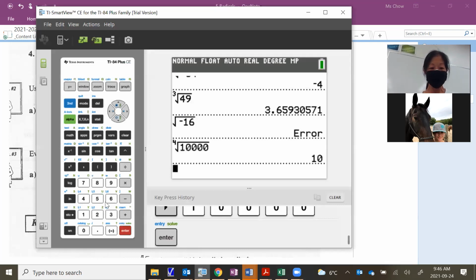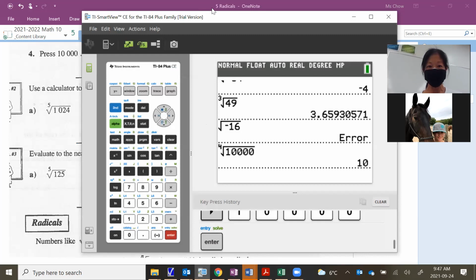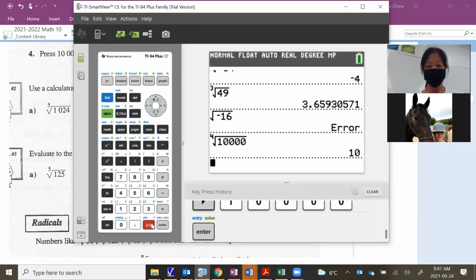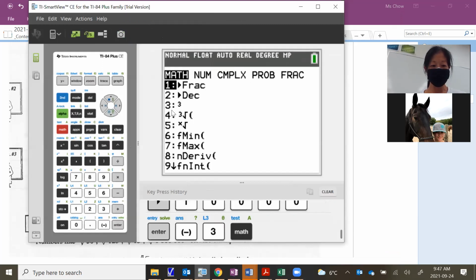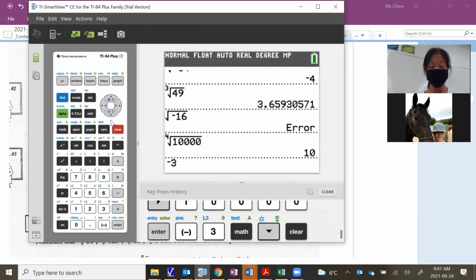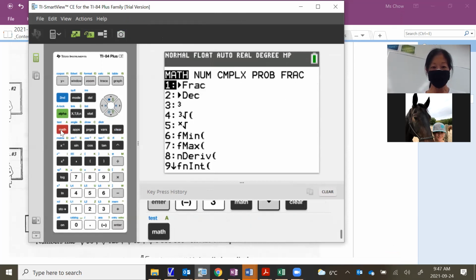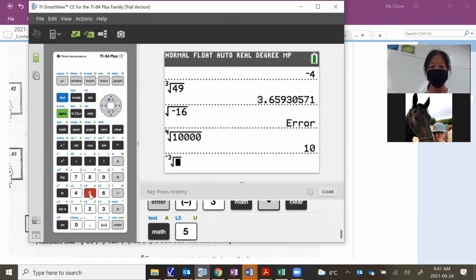So I would put in -3, and then we are looking at math, and I want the 4th root. So I'm going to go down to the 5th option here, that didn't work either.